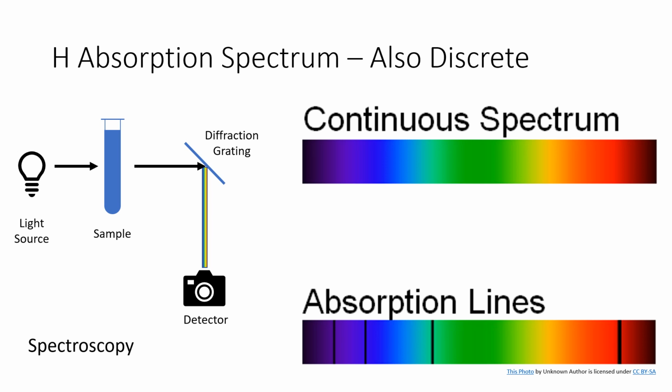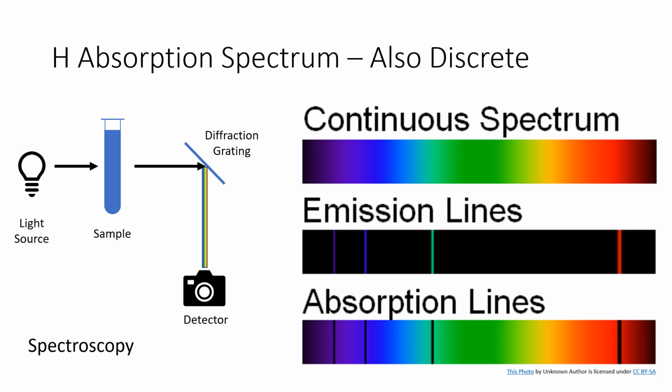And for any given substance, if you compare those absorption lines to the emission lines for the sample, you'll find that they line up. So in one type of experiment, we can get a sample to emit light of certain colors, and in the other experimental setup, we can get it to absorb light of those exact same colors. Coincidence? I think not.